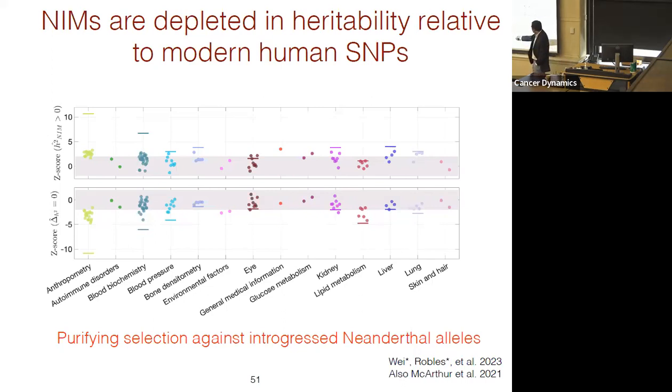What we find is that across all of these traits, it's either consistent with zero or there is a depletion in heritability. So we think this is, again, consistent with purifying selection acting against introgressed Neanderthal alleles, causing a decrease in heritability at these introgressed SNPs.